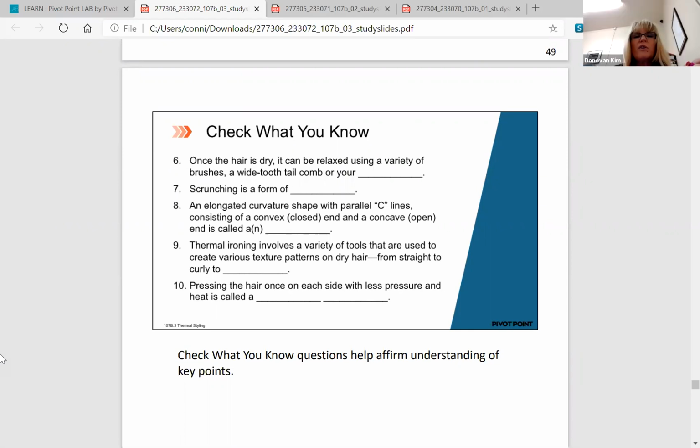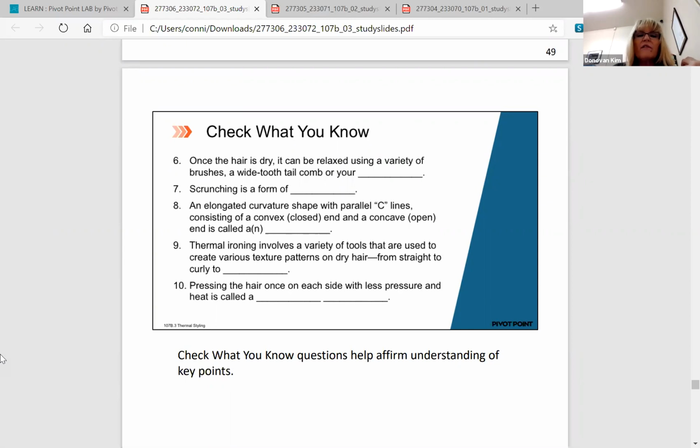An elongated curvature shape with parallel C lines consisting of a convex end and a concave end is called a wave, yeah, like my hand. I think that's what it is.